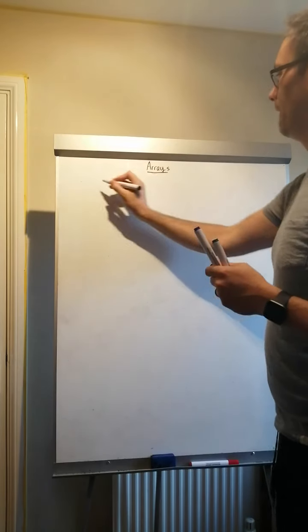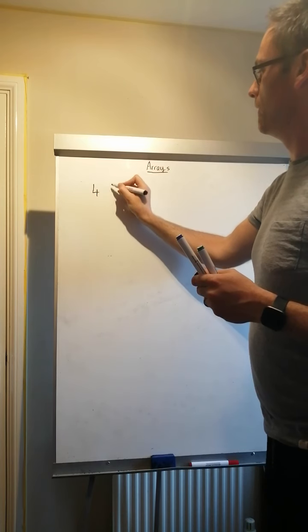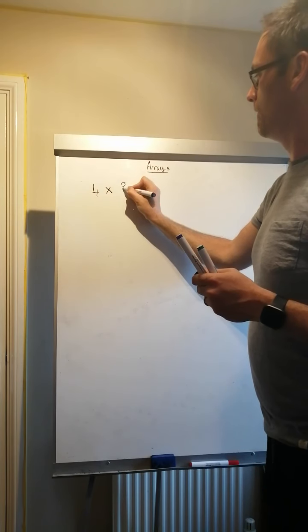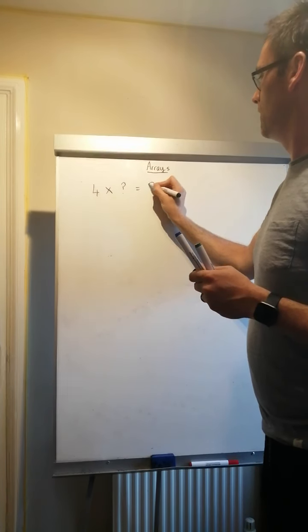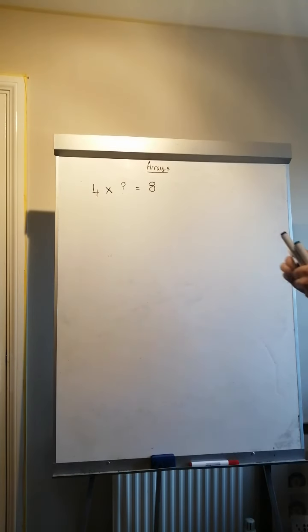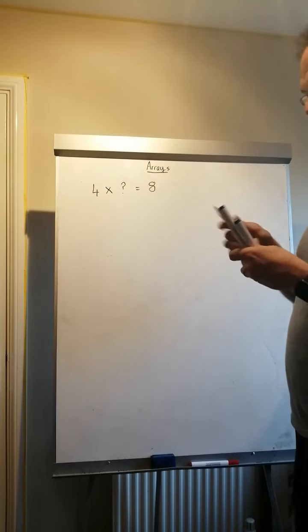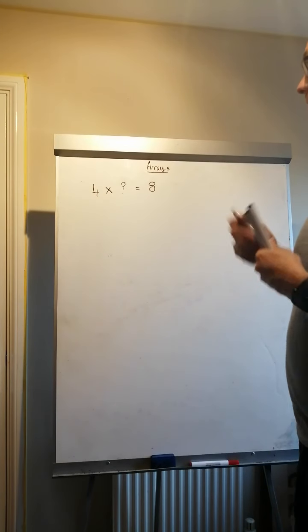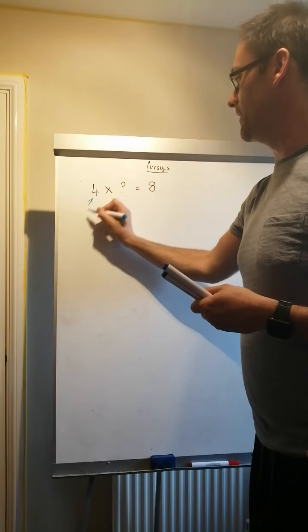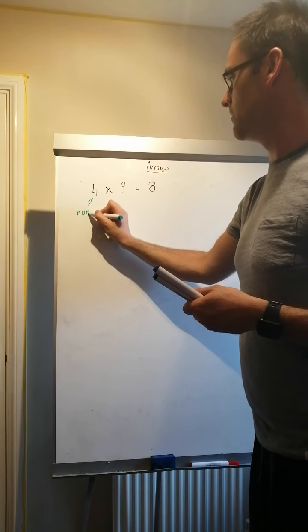What if we had this? Okay, so I know this is the number. I've got a missing number now. So remember, the same rules apply. This is the number of lines.